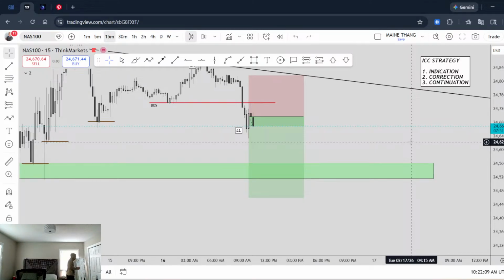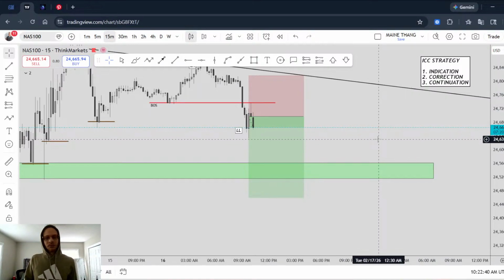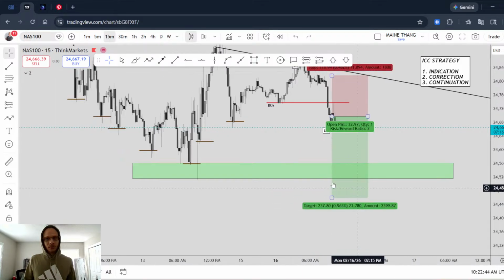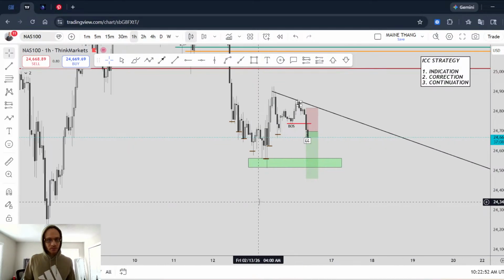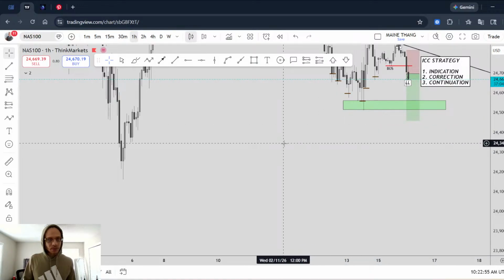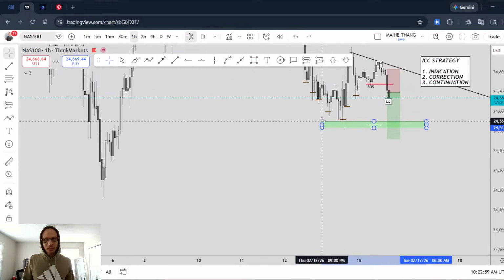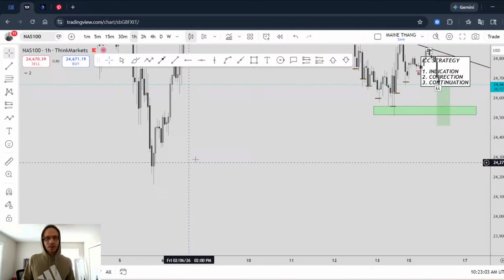If it does break this low, this area is nice as well.